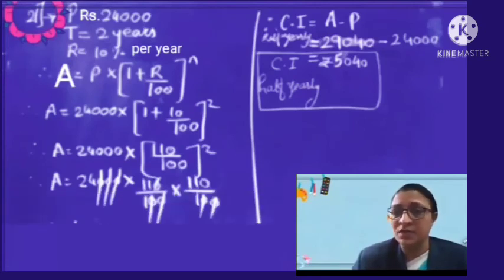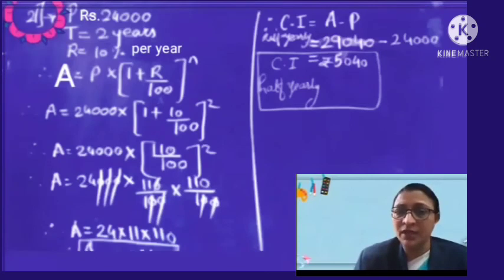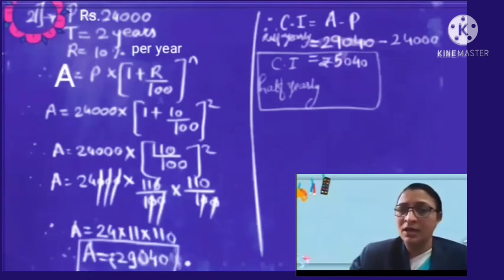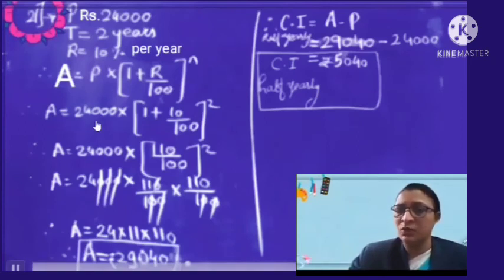So we will calculate the amount first. Amount is equal to principal into 1 plus r upon 100 to the power n. On substituting the values, we get amount is equal to 24,000 multiplied by 1 plus 10 upon 100 to the power 2. The value of this bracket is 110 upon 100.